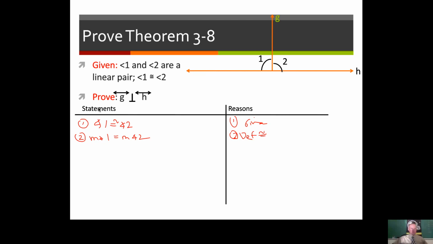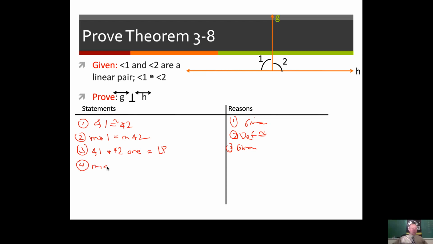Now, the next thing I'm going to do is I'm going to say that angle 1 and angle 2 are a linear pair. And I'm going to abbreviate linear pair. I know they're a linear pair because they told me. It's given. Now, if you think back to last chapter, when you have two angles that make a linear pair, what are you allowed to say?